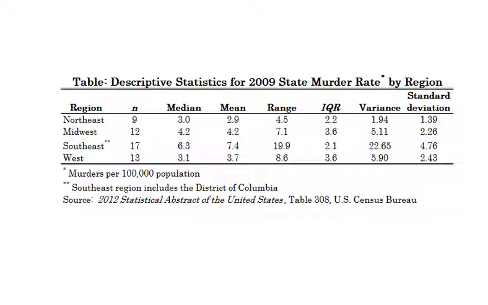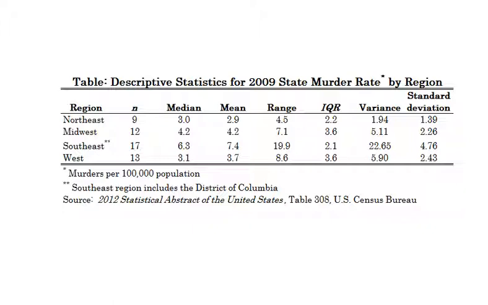What we see here is that the region that has the most tightly clustered set of cases around the mean is the Northeast, with a standard deviation of only 1.39, and we interpret this as the typical amount of spread of a state in the Northeast from the mean for that sample is 1.39 murders per 100,000 population.